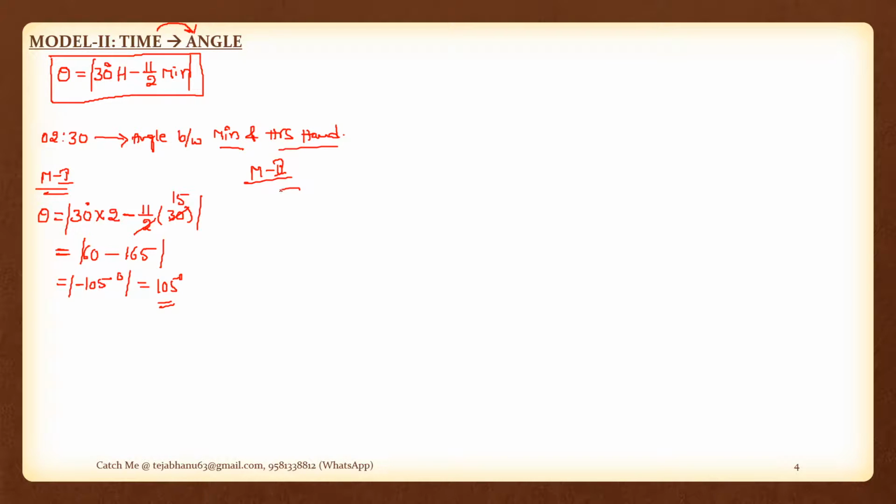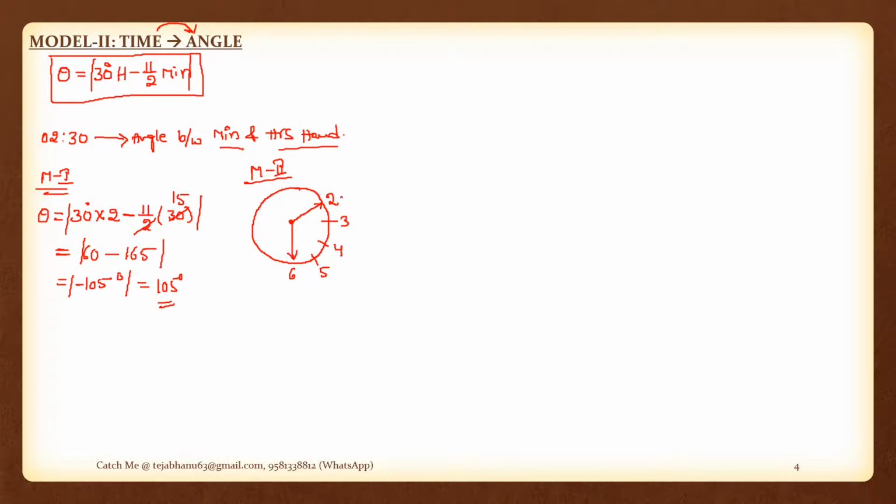Now, the general method 2, kindly have a look. At 2:30, the hour hand will be towards 6, and let us assume the minute hand will be towards 2. Now, this is 3, this is 4, this is 5.